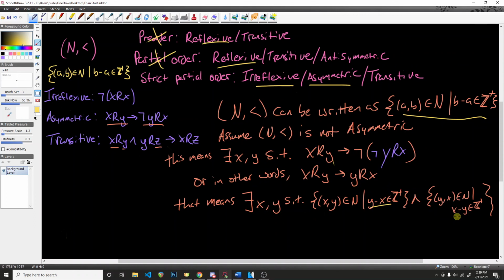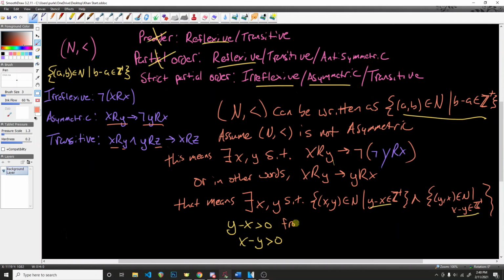But again, we can look at this and ascertain that we have that y minus x is going to be greater than 0, and that x minus y is going to be greater than 0. Because based on our definition, this is going to be a positive integer z. And we can simply rearrange this, and what we get is that y is greater than x.